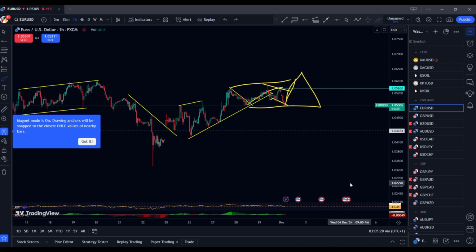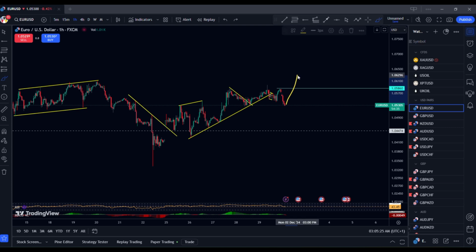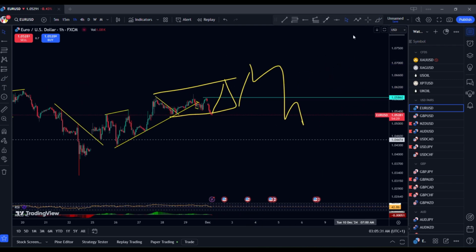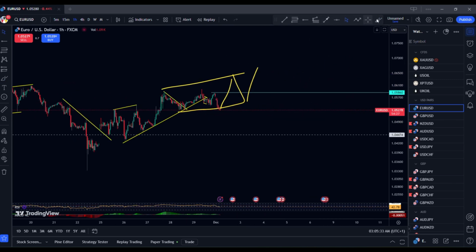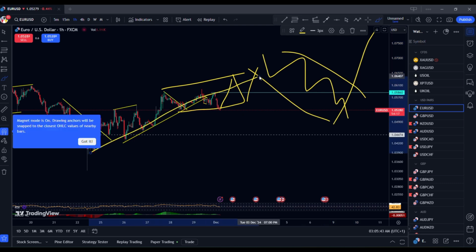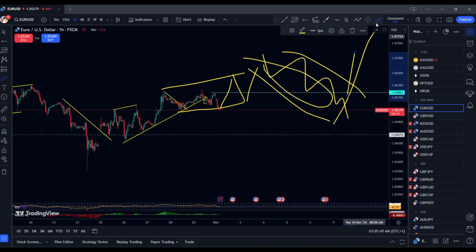Or giving us an assurance that we need to get a good correction here before we can continue going up, making just this the impulse into this correction before we continue.